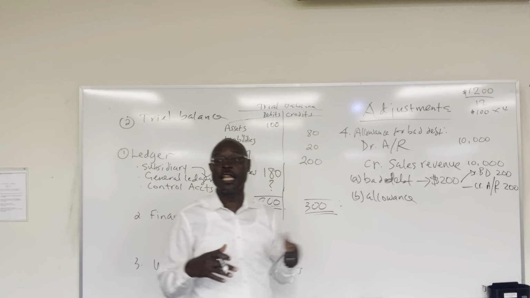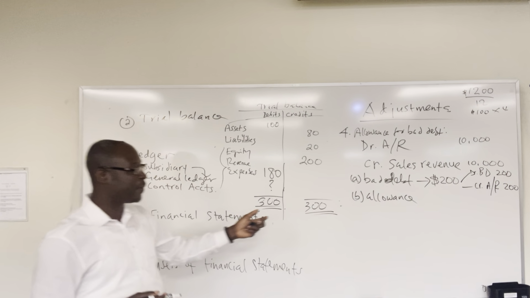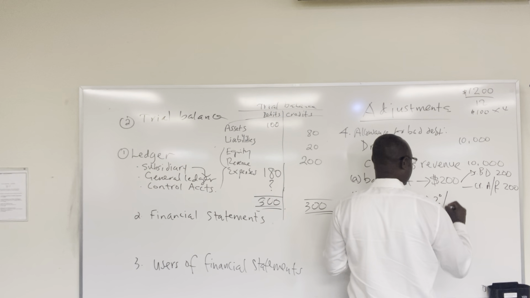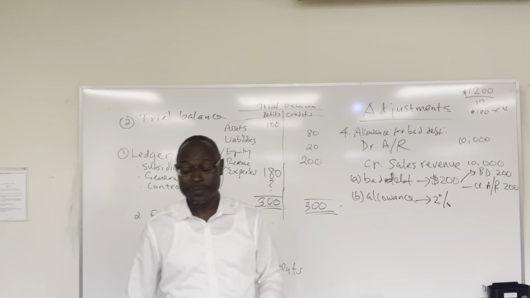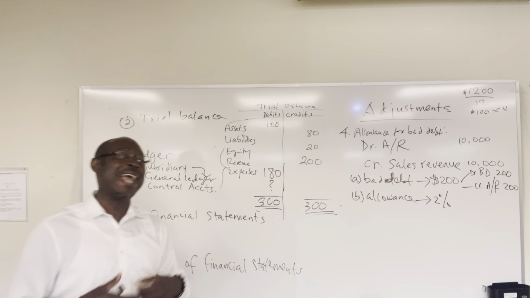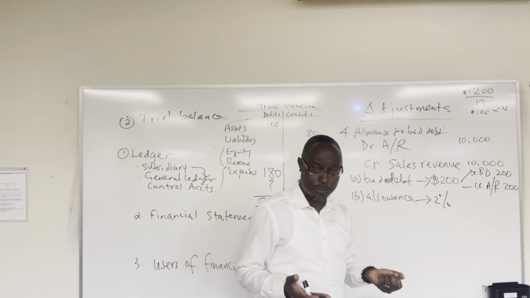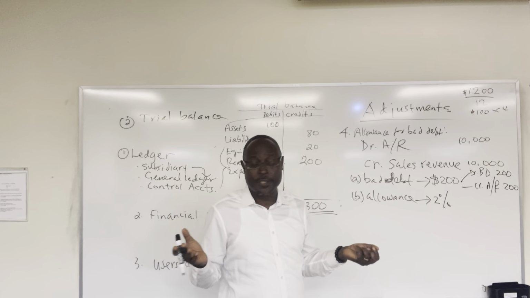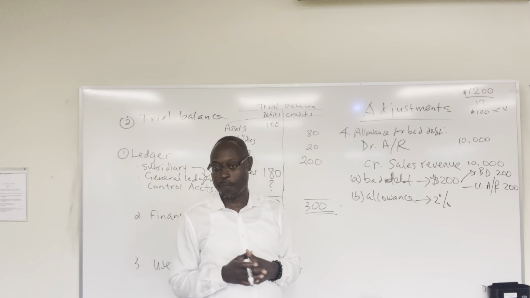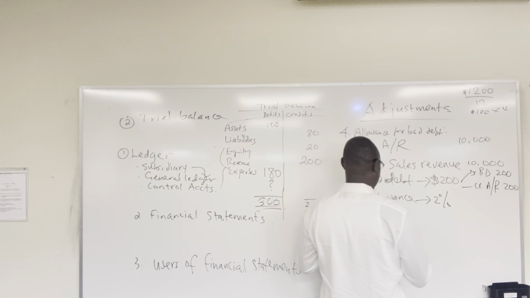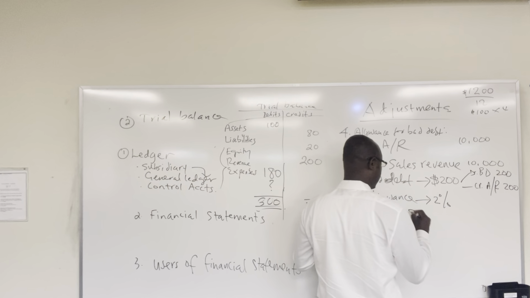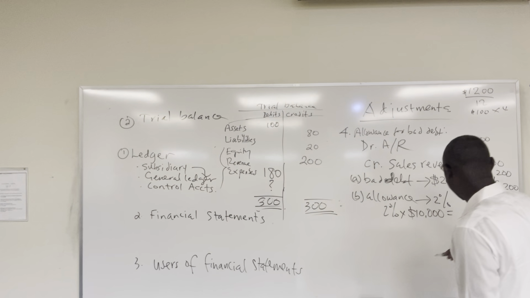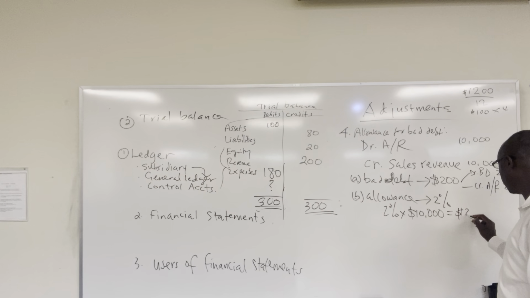That is for specific known cases. The other people, you don't know specifically, but on average about 2% of them do not pay you. So you are going to estimate an allowance. You don't know that for a fact, but you know that on average maybe 2% of them don't pay. That will be 2% of, to make matters simple, 10,000, which gives you 200 also.